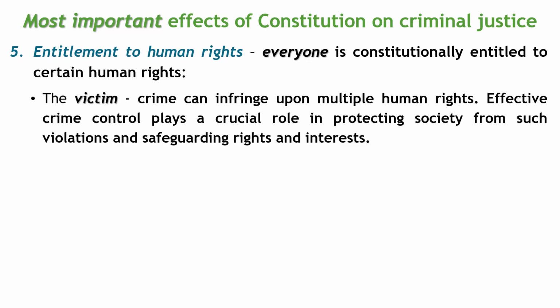And for this reason, because crime has an effect on human rights, we need crime control measures, because crime control measures play an important role in protecting society against the infringement on interests and human rights.